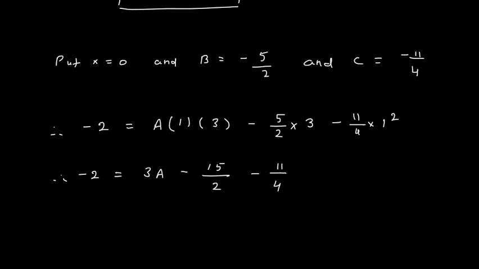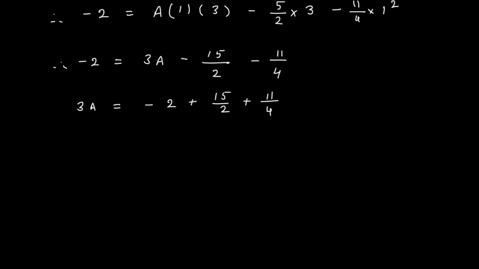Okay, so the value of 3a, here I will say that 3a is equal to minus 2 plus 15 divided by 2 plus 11 divided by 4. So I can simplify it by taking LCM 4. So it will become minus 8 plus 30, and this is plus 11, and the whole divided by 4. This is the value of 3a.